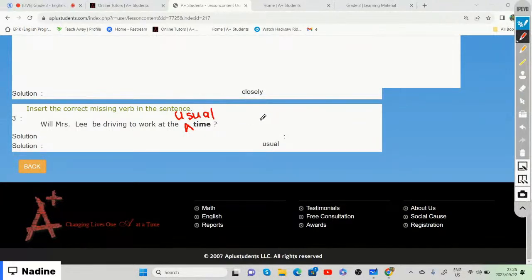And this is basically an adverb. It tells us how often she will be driving to work. She'll be driving to work, let's say when, basically. She'll be driving to work at her usual time.